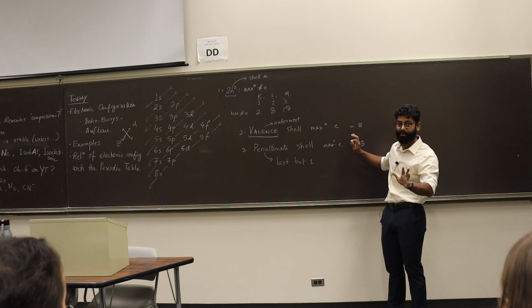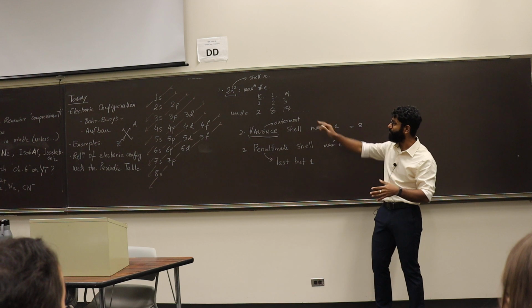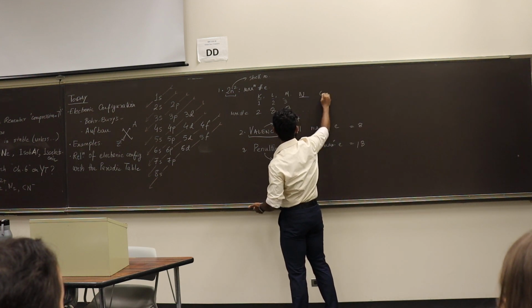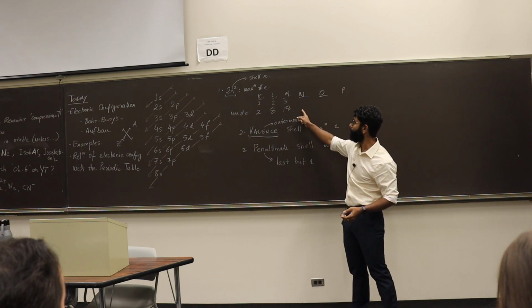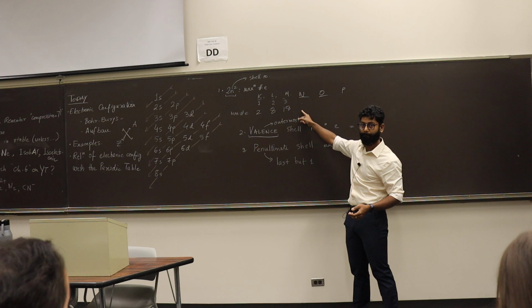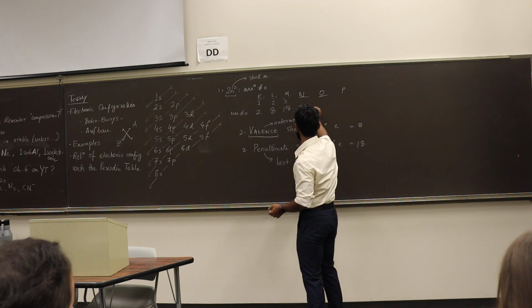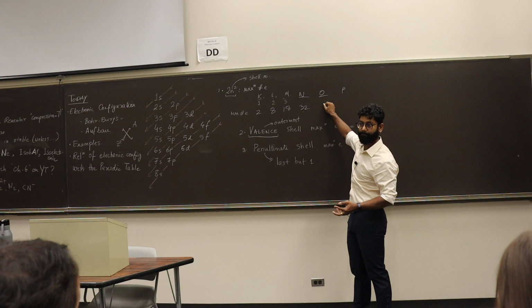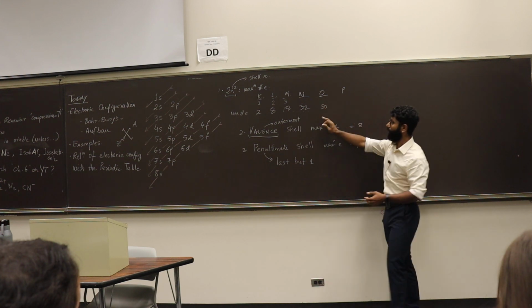That's the thing. And the other is the penultimate shell, if you have, say, 7 shells. So what's the maximum number of electrons here? 2n squared? How much? 32. And for this? 50. Okay.